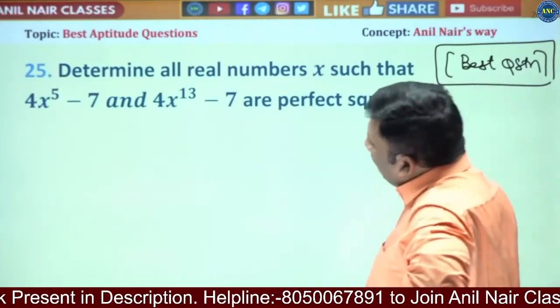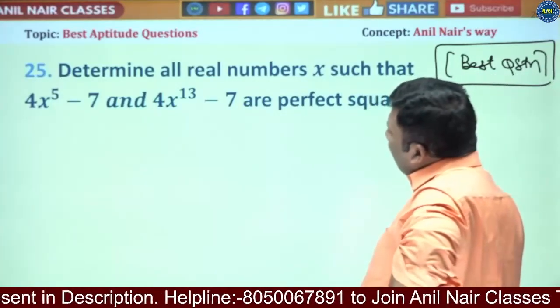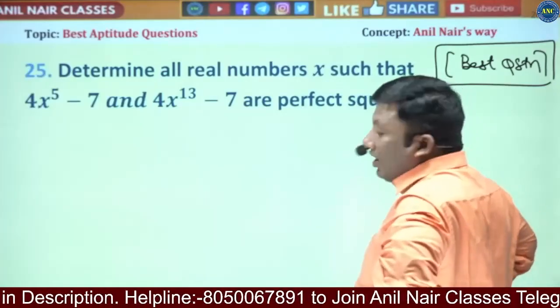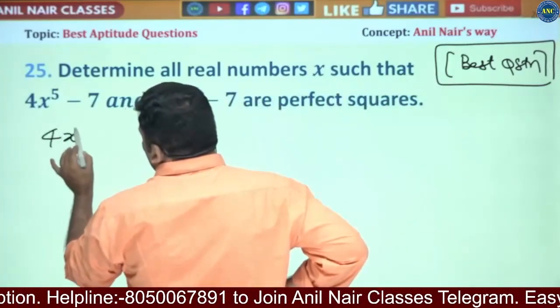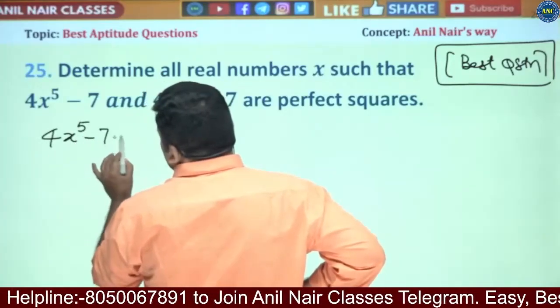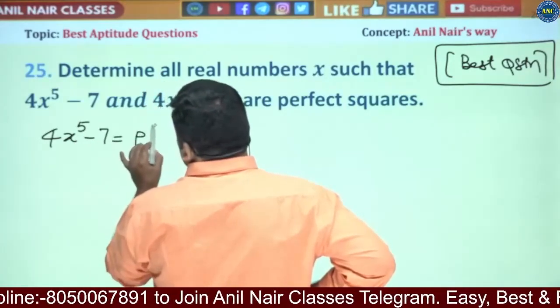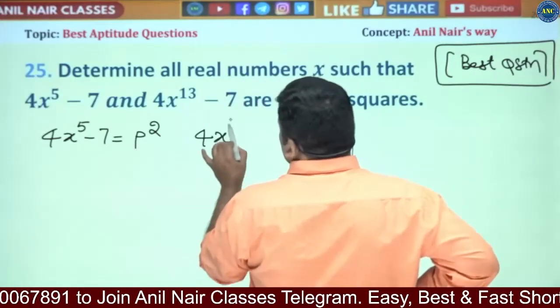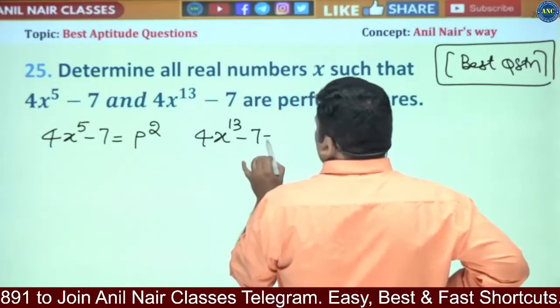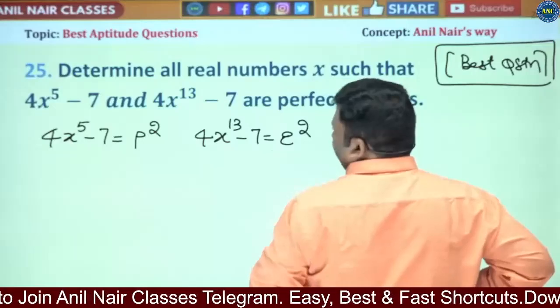4x^5 minus 7 and 4x^13 minus 7 are perfect squares. That means 4x^5 minus 7 is a perfect square, say p square, and 4x^13 minus 7 is q square.